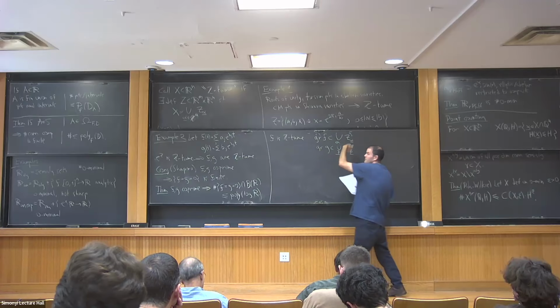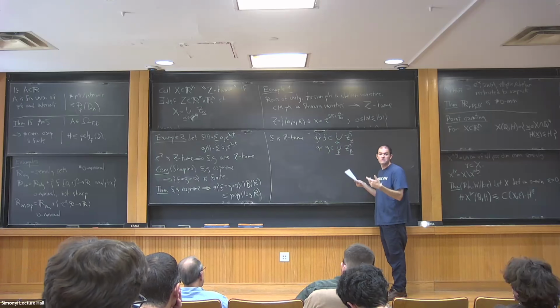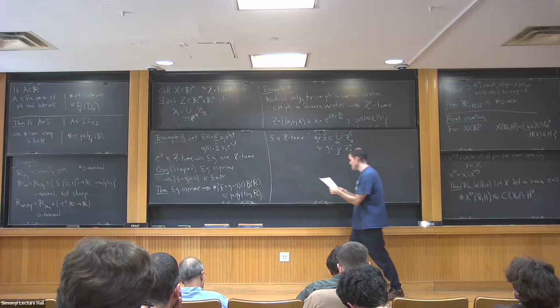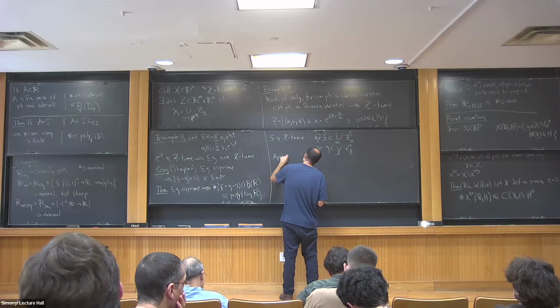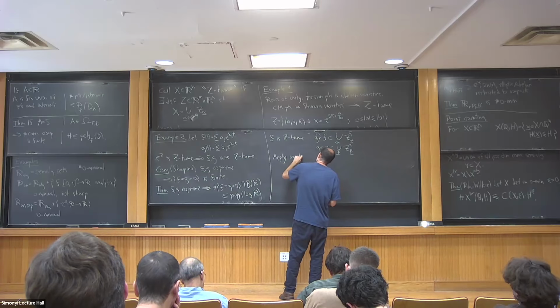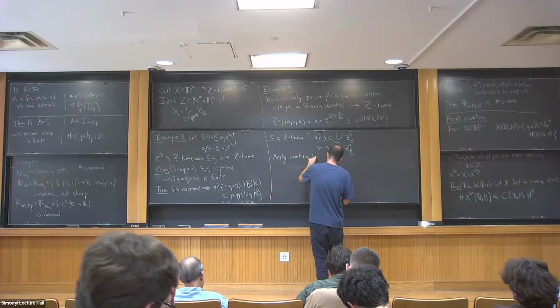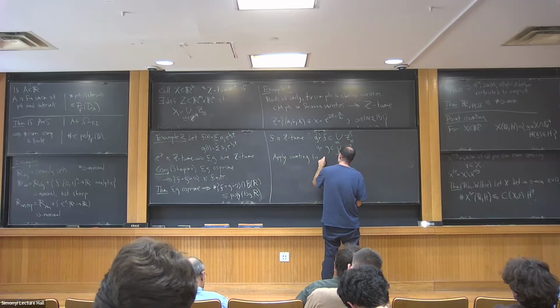I have these families that define the graphs of F and G, and then I'll apply counting to basically the parameters.